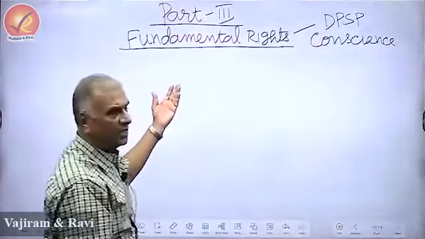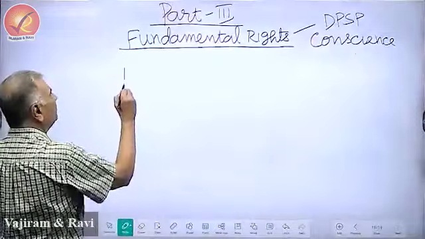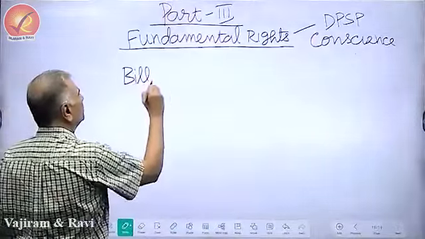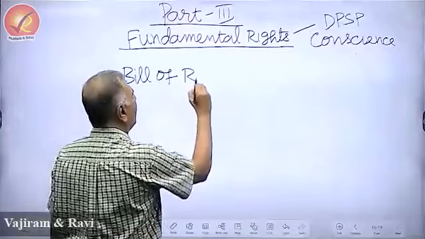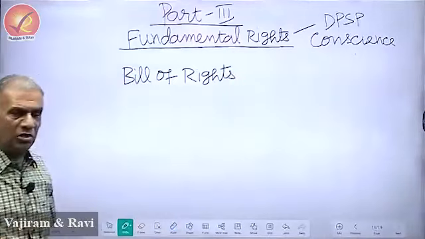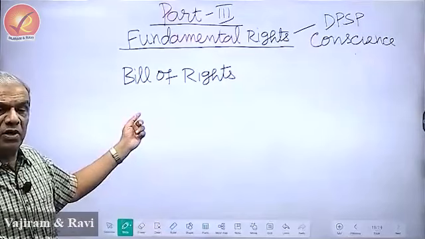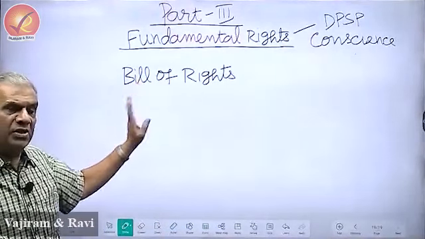And the fundamental rights of the Indian Constitution are based on the Bill of Rights of the US Constitution. Even though the British Constitution is the oldest constitution in the world, we do not follow our fundamental rights based on the British Constitution.